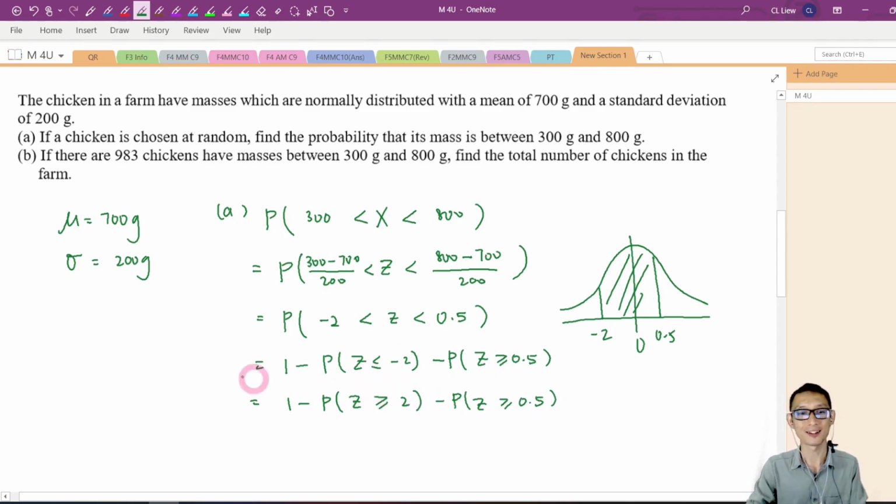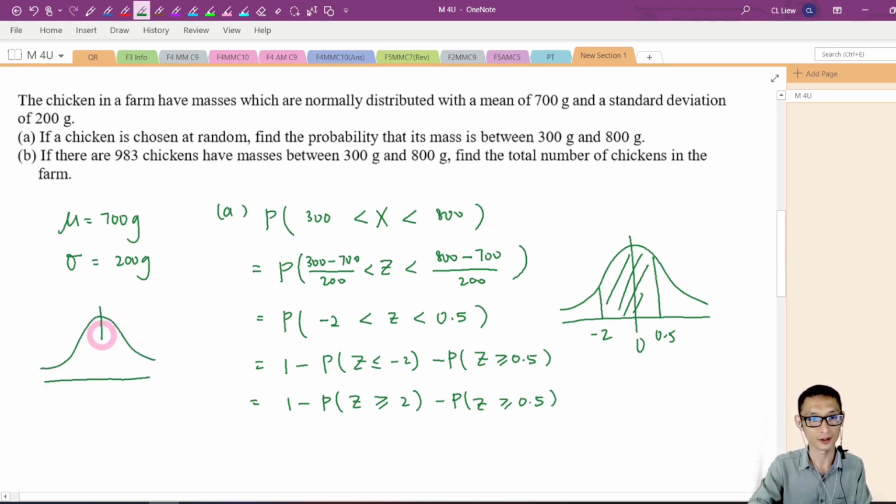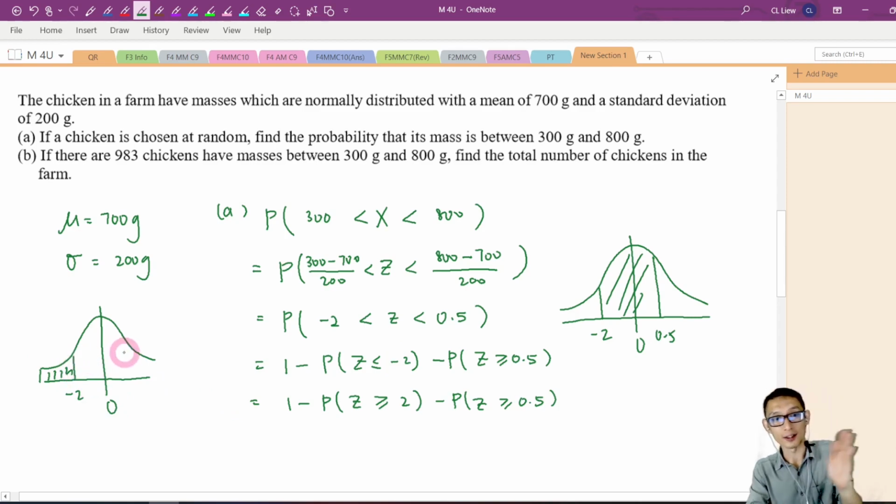Okay, hope that you understand why this is actually equal to this. Let me explain again. This one is actually here, right? Less than or equal to. But I reflect it onto the other side, and it becomes positive. That's why this is actually equal to this.